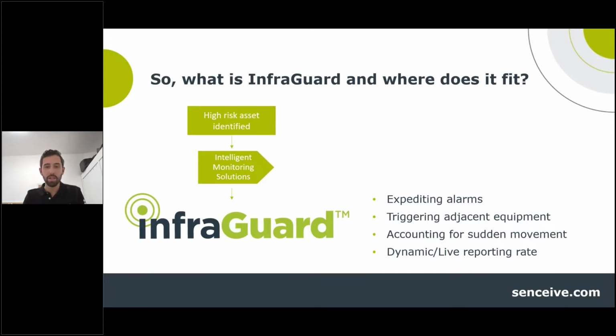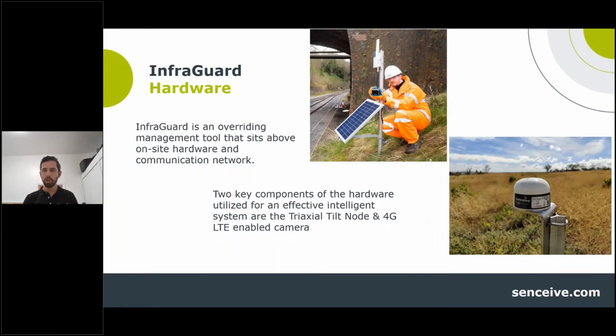It can account for that sudden movement with visual verification. And it has the capability for dynamic and live reporting rate. Essentially, the more a structure moves, the higher that reporting rate can become, and that's all preset on the nodes themselves. So looking at a little bit closer here.